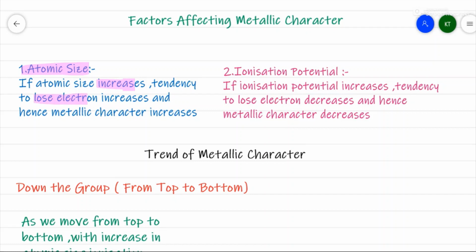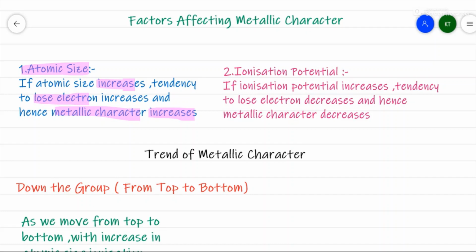So the tendency to lose electrons will increase because they experience a lesser force of attraction towards the nucleus. As a result, these electrons will be lost easily. Hence, the tendency to lose electrons will increase and metallic character will increase. So, if the size of an atom is larger, that will favor metallic character.